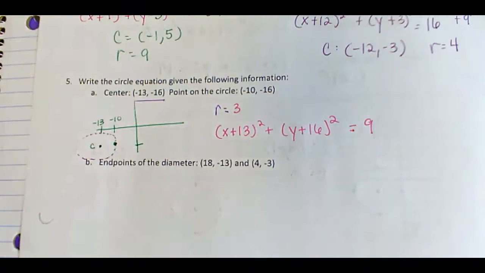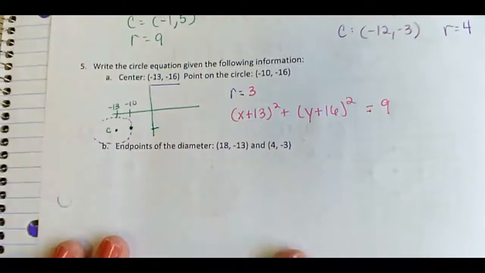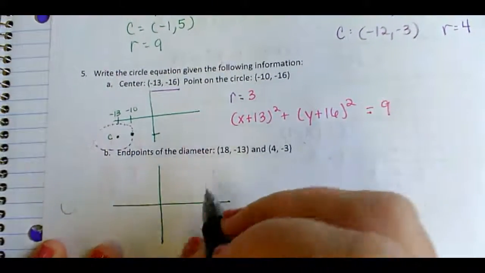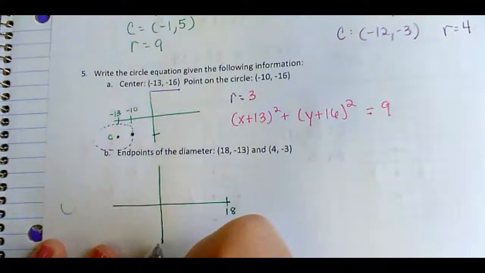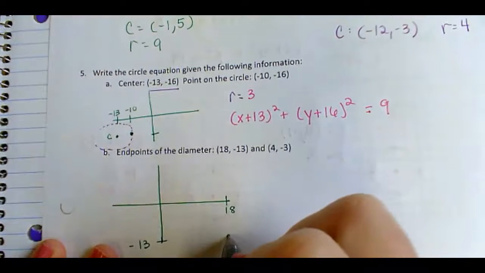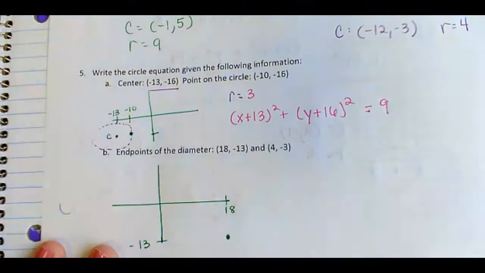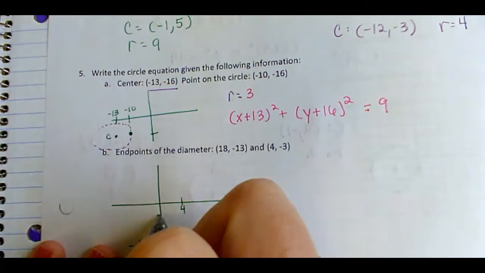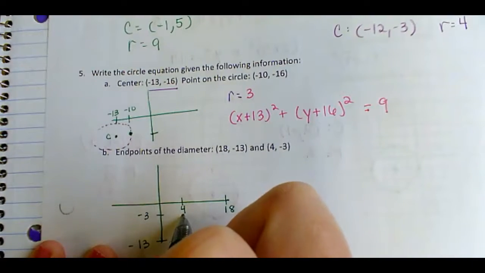Now, I'm going to go ahead and draw this one, but I will tell you this one's harder to figure out. And I'll show you why. Here's 18, and here's negative 13. So there's my center. Oh, diameter, that's just a point. And then 4, and then negative 3. And you know, I'm not really doing it to scale.